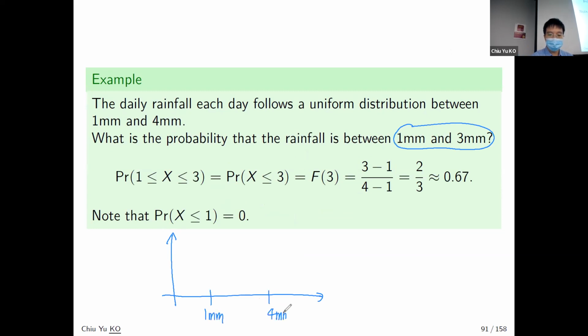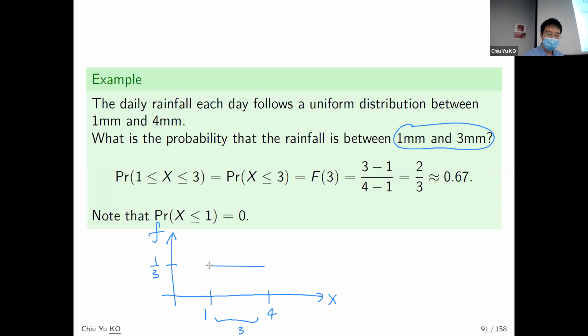To make our life easier, we don't write the mm, just 1 to 4. What I'm drawing is the small f, and the distance is actually 3, which means the height is 1/3.